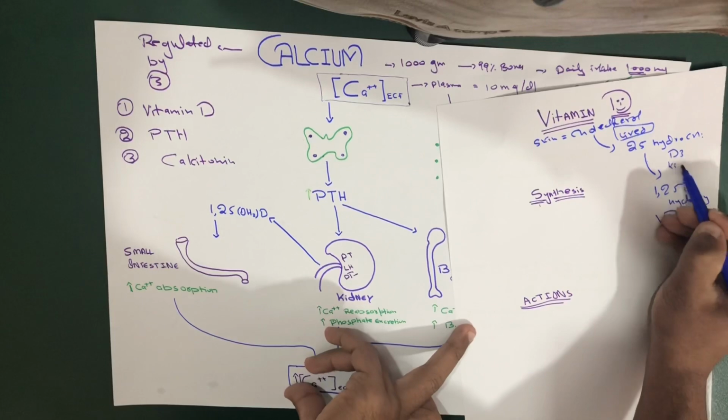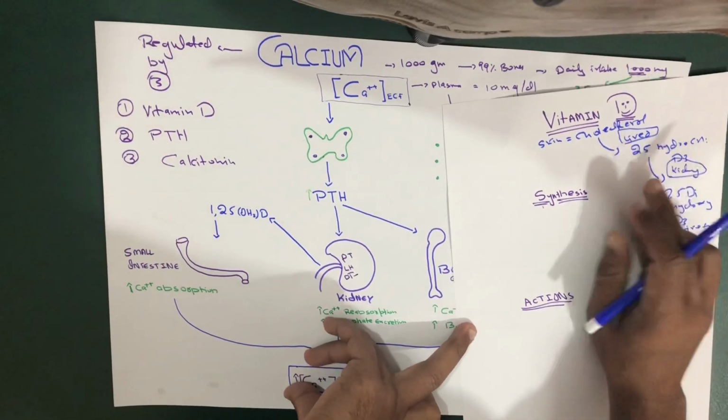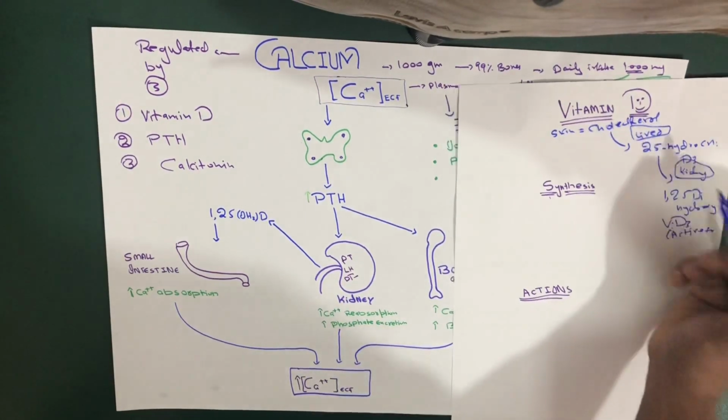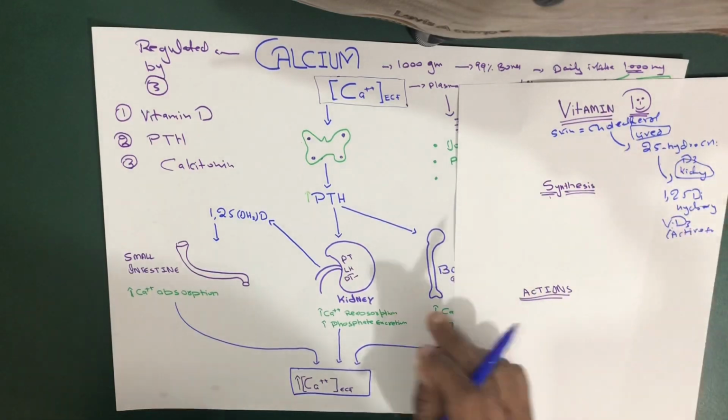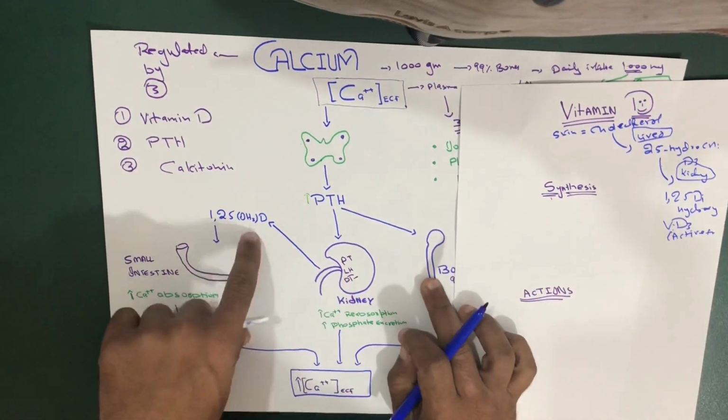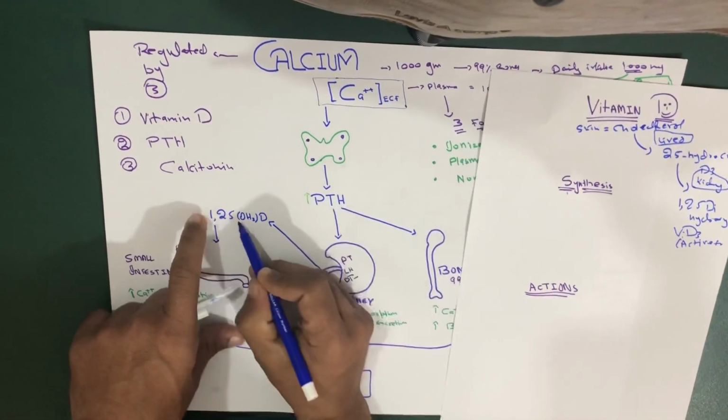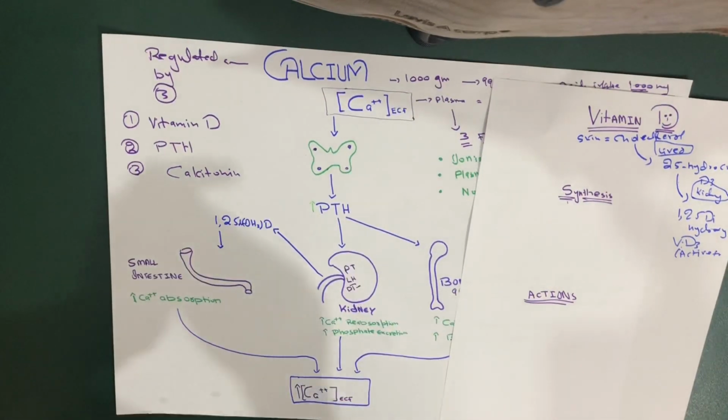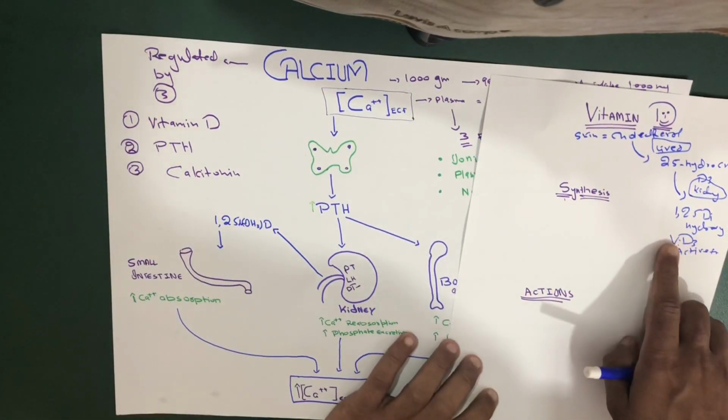So in the kidney, the vitamin D, which was in the form of 25 hydroxycholecalciferol, has been converted into the 1,2,5 dihydroxycholecalciferol. Alright, so we got the vitamin D in active form.